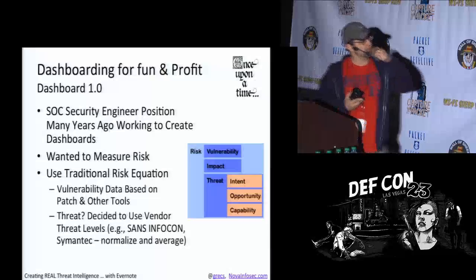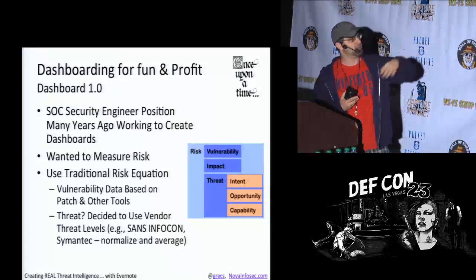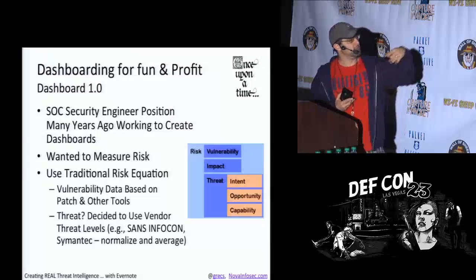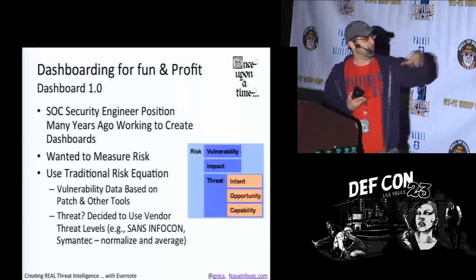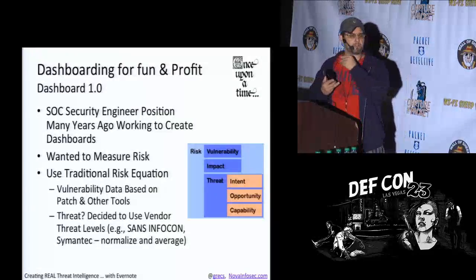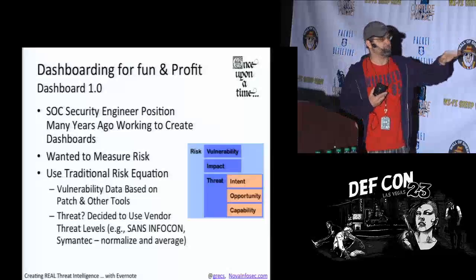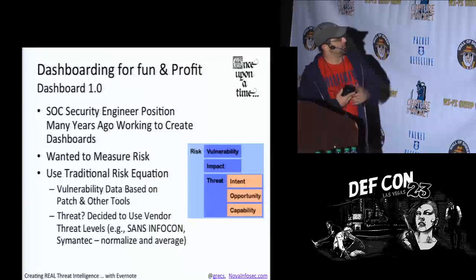So I used risk, and I looked at the components that made up risk, and based on vulnerability data and threat data, I was able to come up with some numbers and multiply that out and basically give them this risk score. So that's how this whole thing started.